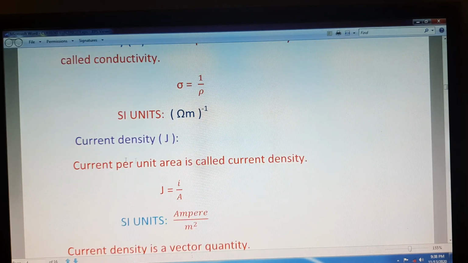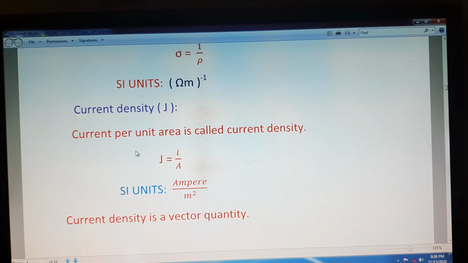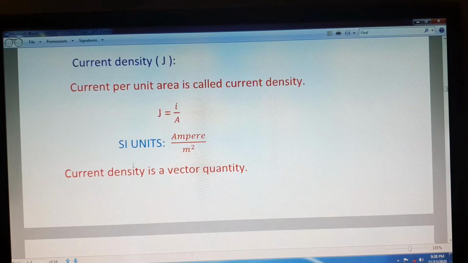Next one, current density, represented by J. The definition is current per unit area is called current density. Current is represented by I, and per unit area we take the letter A, so J is equal to I by A. So the ratio of the electric current to the area of cross section is also called current density. What are the SI units?